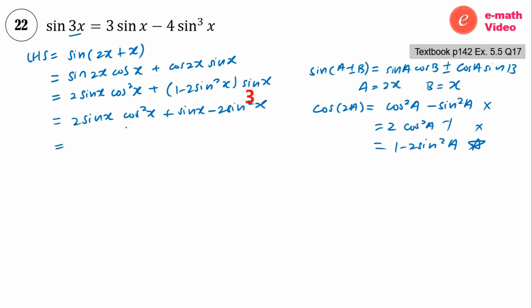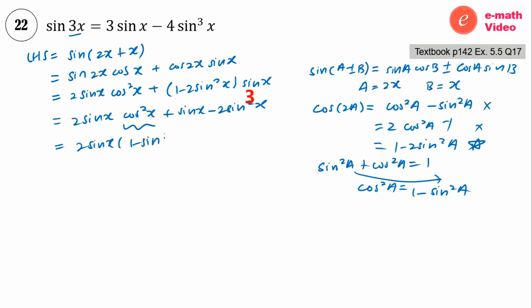Oh yeah, I forgot, we still have another cos square x here. Same thing, we'll use the basic identity, sin square a plus cos square a equals to 1. So cos square a equals to, this one move to the other side, 1 minus sin square a. 2 sin x times 1 minus sin square x.